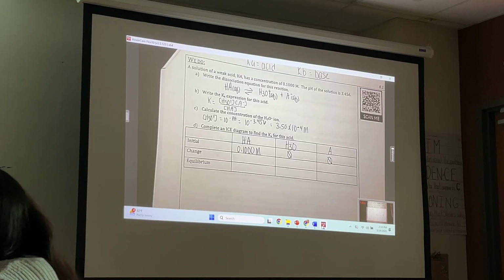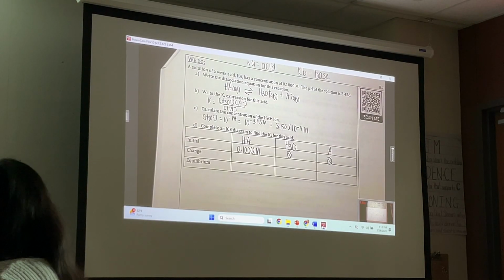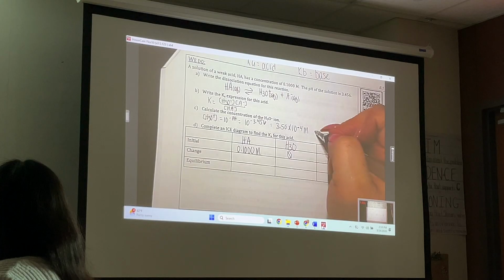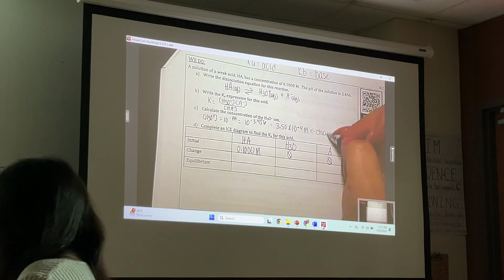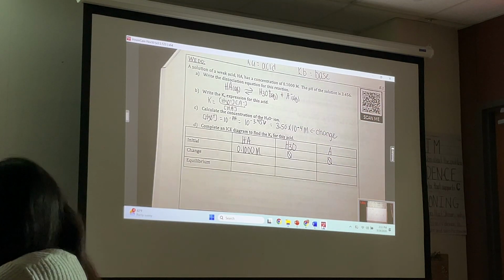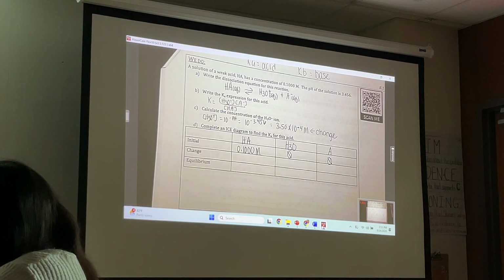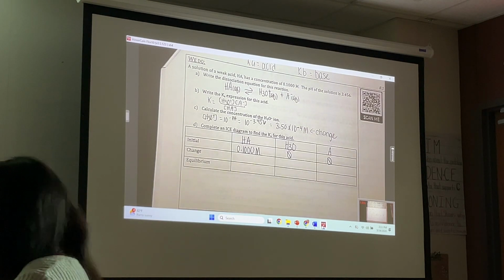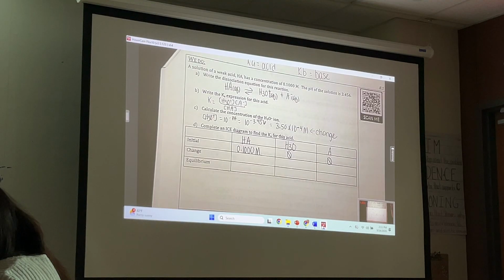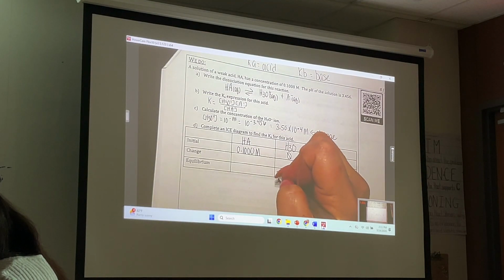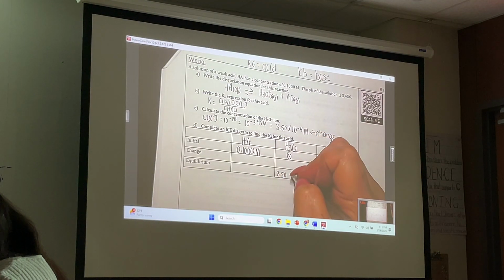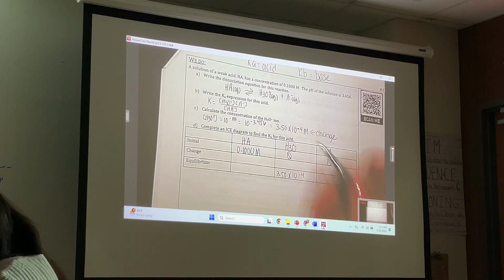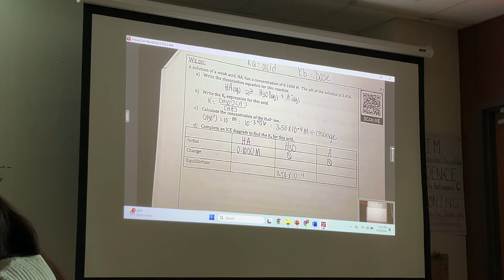The second set of information is our actual concentration: my concentration of H3O at the end of equilibrium happened to be 3.50 times 10 to negative 4. That is my change.